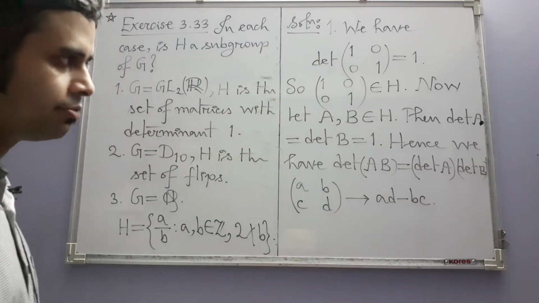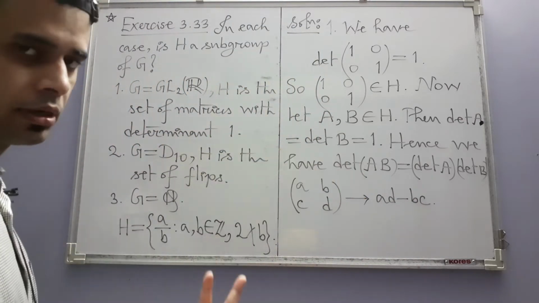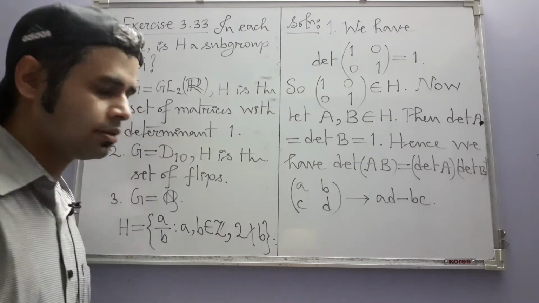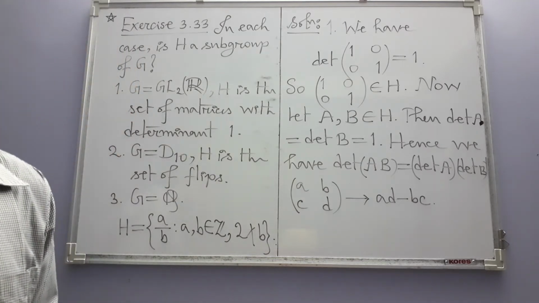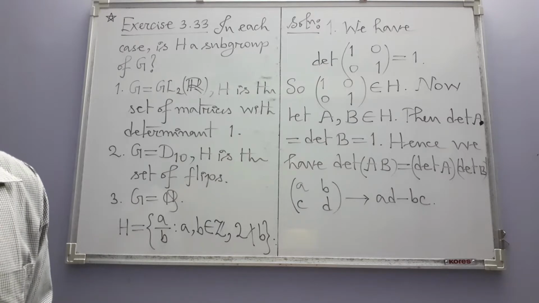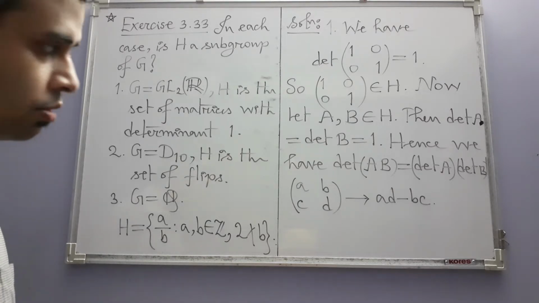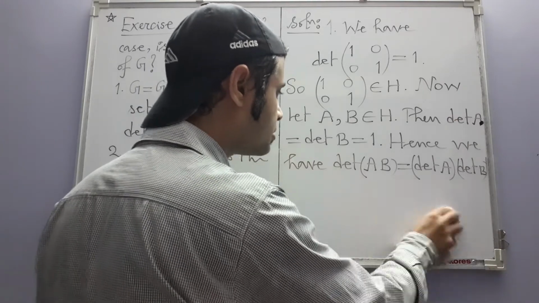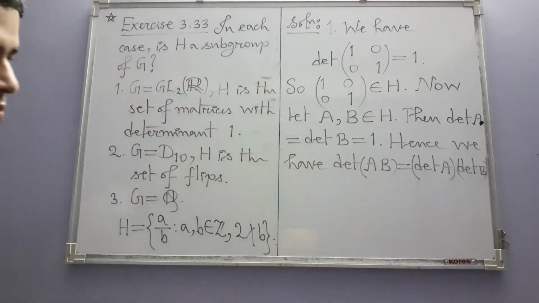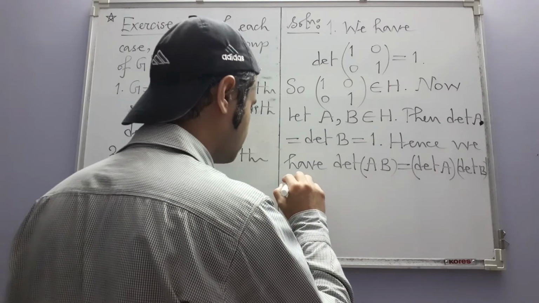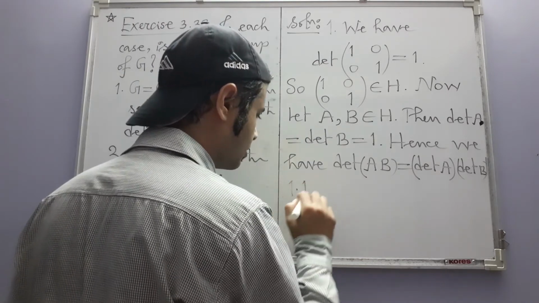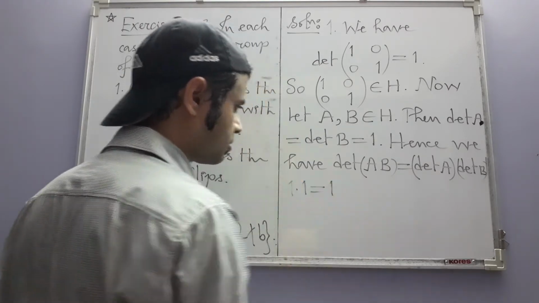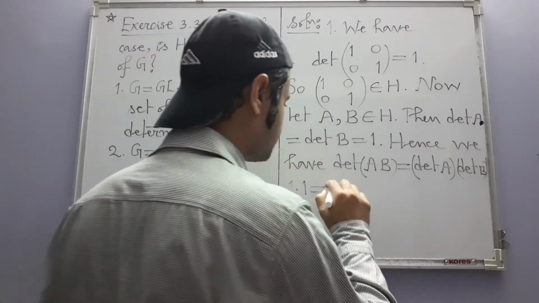So using this definition, you can clearly show this in a quite straightforward manner. Now, because A and B both have determinant 1, this determinant is also going to be 1, because the first one is 1 and the second one is also 1. So this is equal to 1.